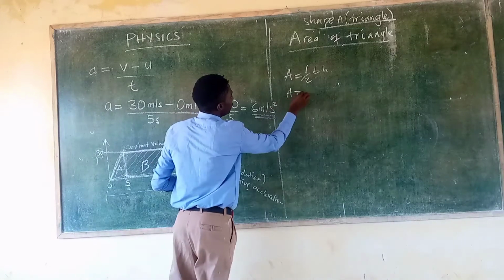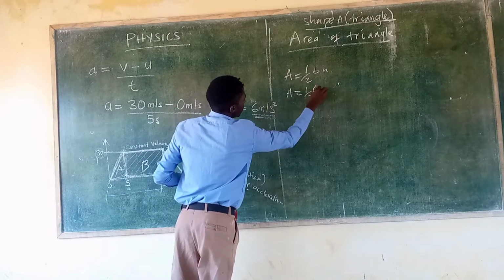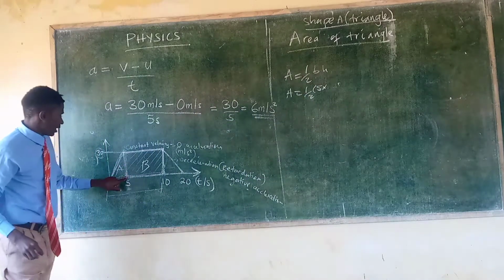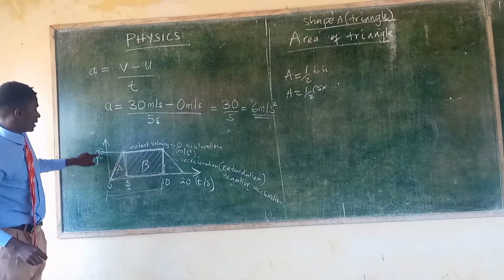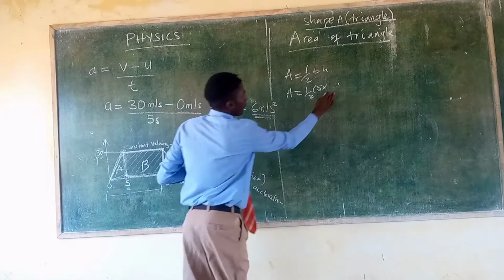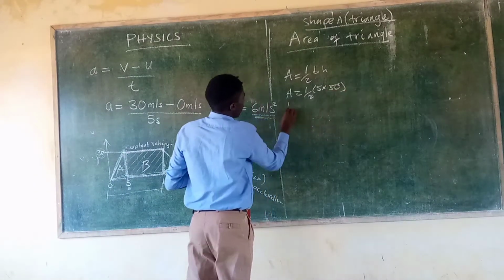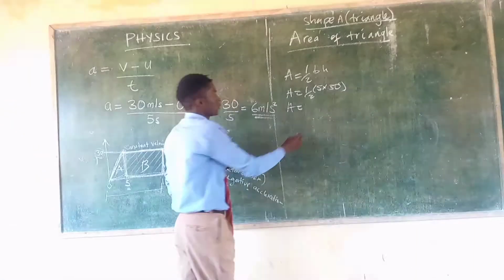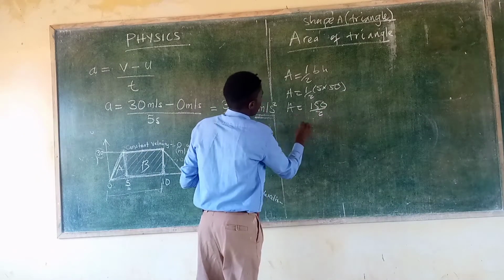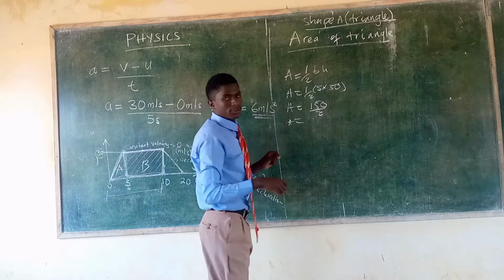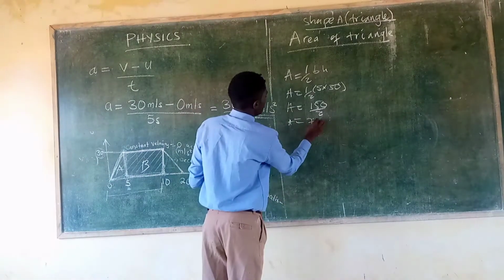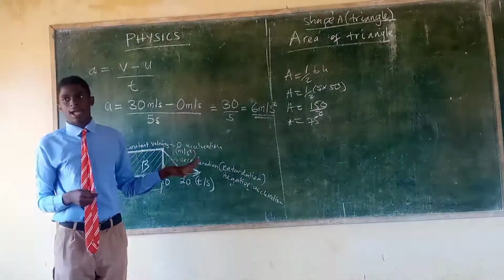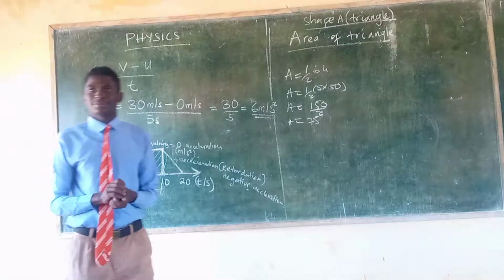Area equals half times the base, which is 5, multiplied by the height, from this point to this point, which is 30 meters. So our area equals 5 multiplied by 30, that is 150 over 2. Then 150 divided by 2 is 75. So 75 is the area of the triangle. Okay, thank you so much.